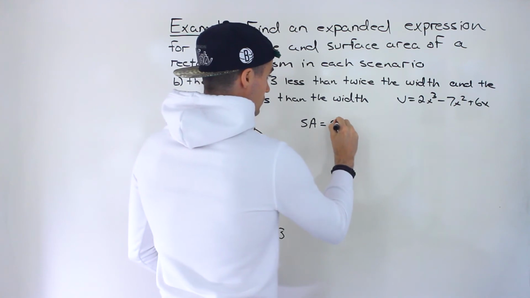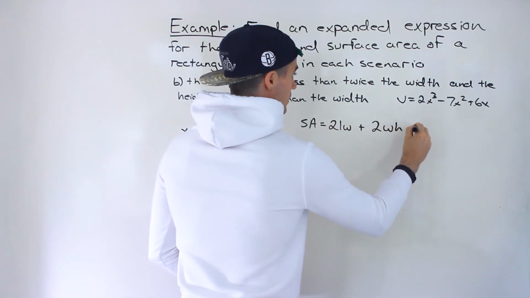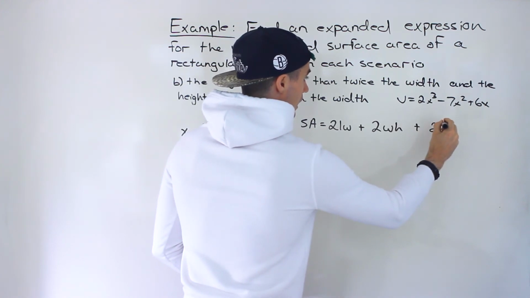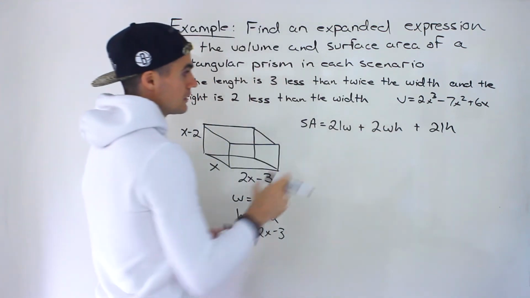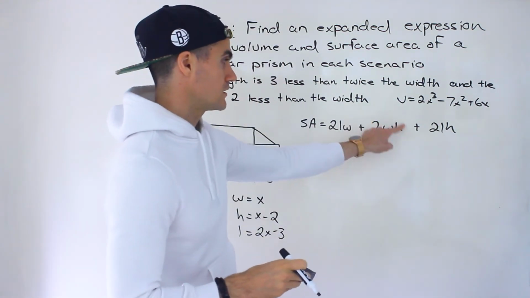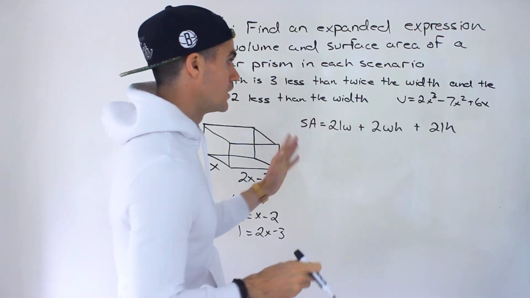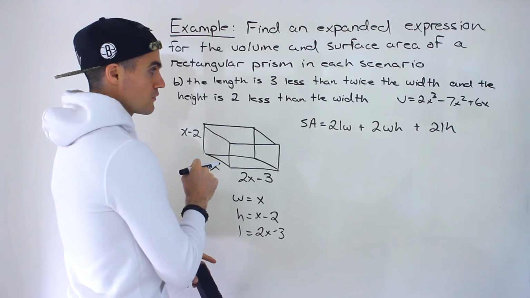Well, it's 2 length times width plus 2 width times height plus 2 length times height. Right? It doesn't matter which order you go in either because you're just adding. Right? So you could have like the 2WH in front or whichever order works. Let's keep it in this order for the video.